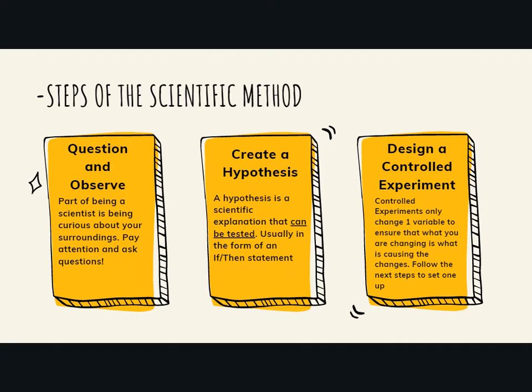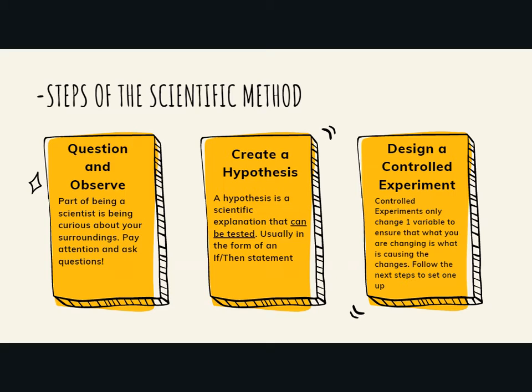We can't make a hypothesis on something that can't be tested, either because we don't have the ability to, or it's just impossible. Like, we can't design an experiment about what it feels like for a human to walk on the surface of the sun, because a human can't walk on the surface of the sun.